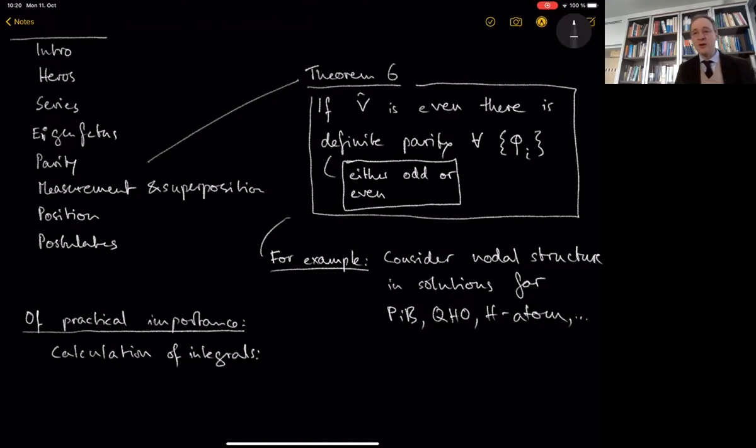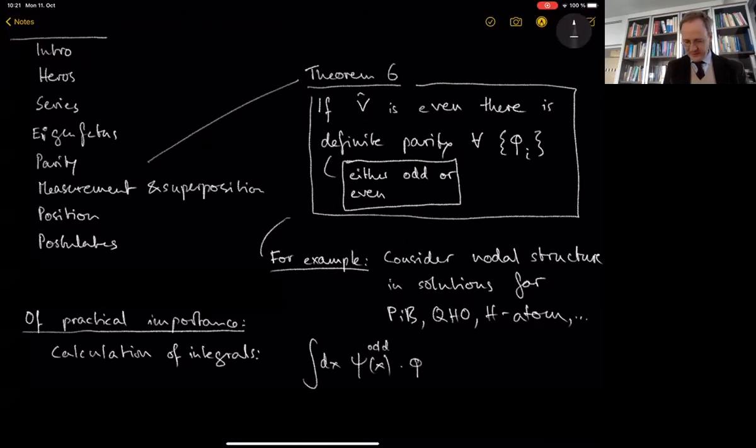If you calculate an integral of the product of an odd and an even function, it will cancel out. So for any psi of x odd times phi even of x, this must be 0.